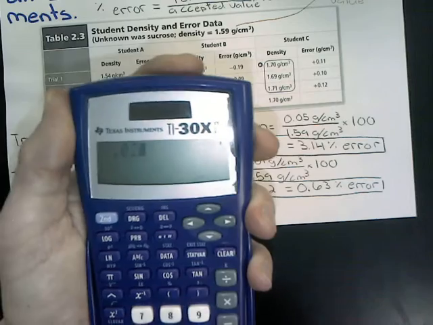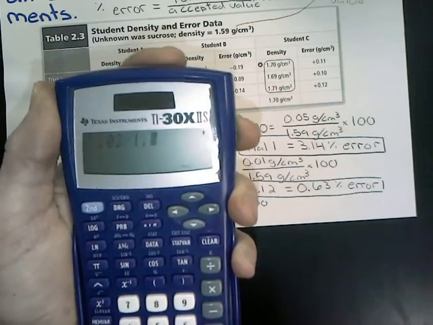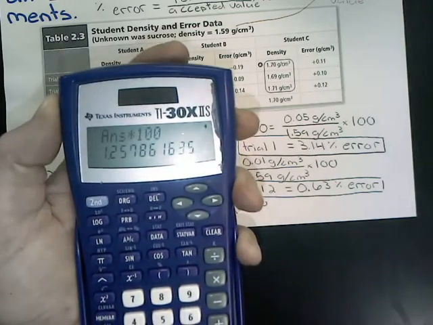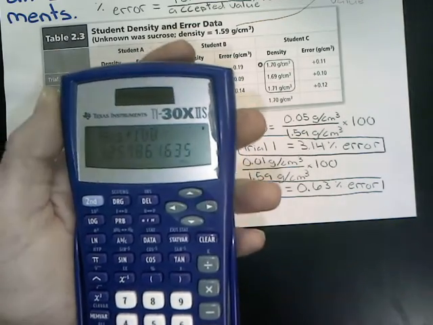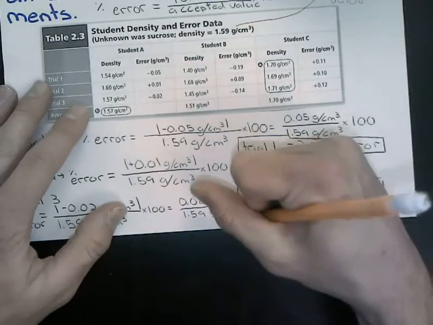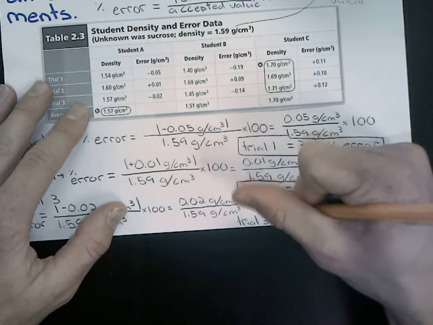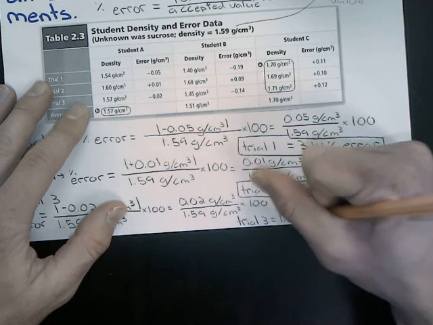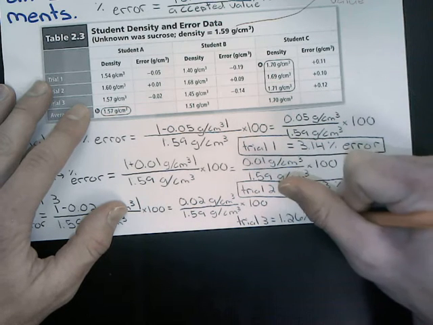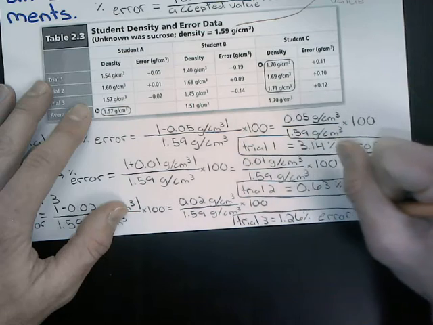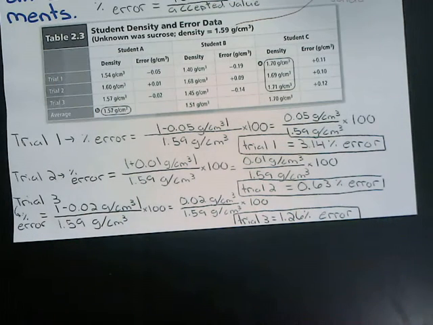I take 0.02 divided by 1.59, multiply that by 100, and I get a percent error of 1.26%. So trial 3 had a percent error of 1.26%. All right, so that's how we would calculate our percent error for each and every one of those trials.